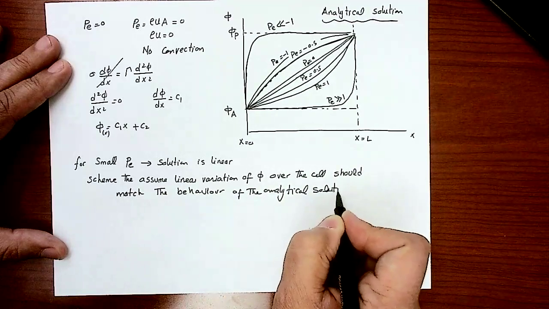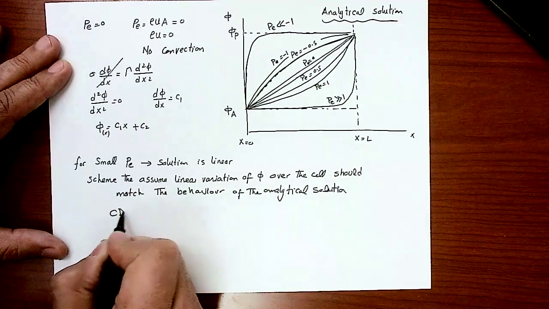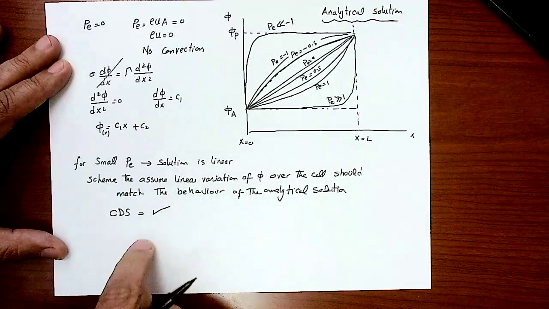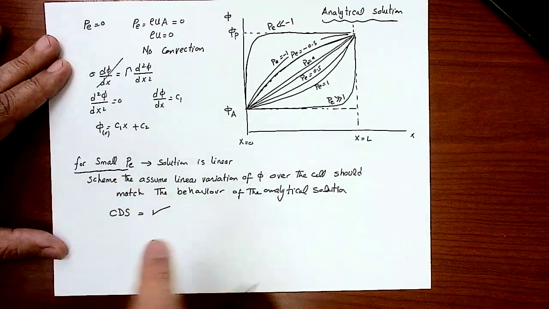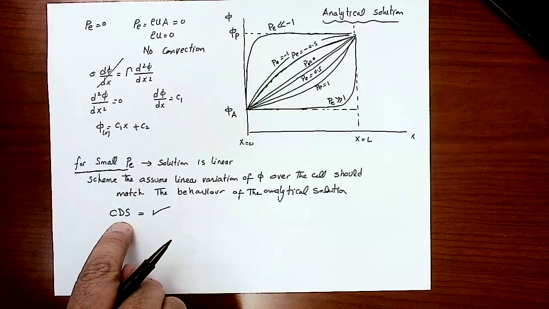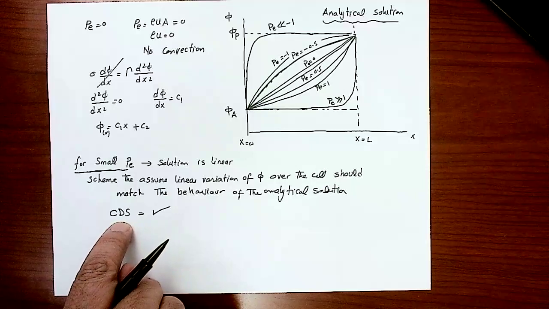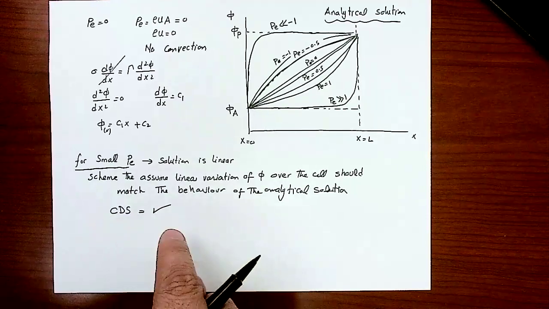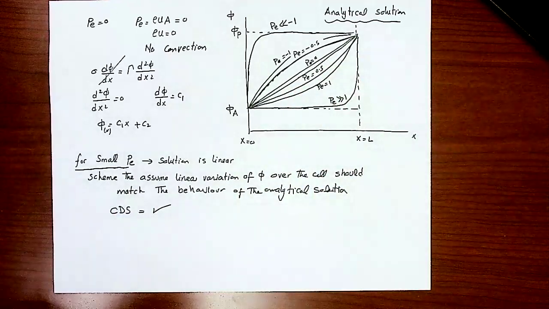That's why the central differencing scheme was working great at small Peclet number, because the central differencing scheme is assuming linear change inside the cell of the phi value, which is matching what the analytical solution should be.